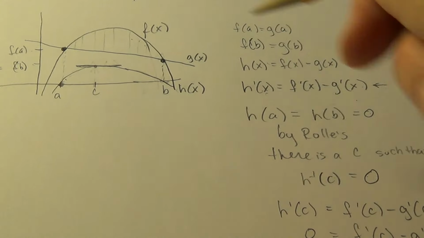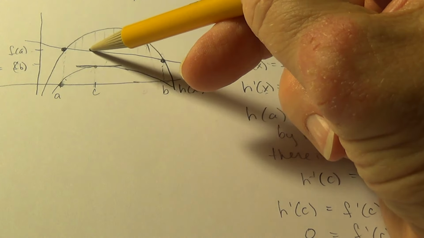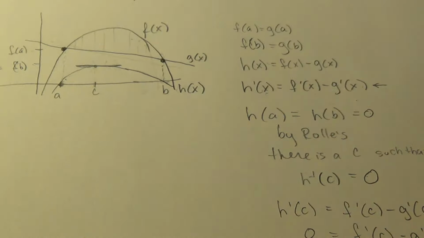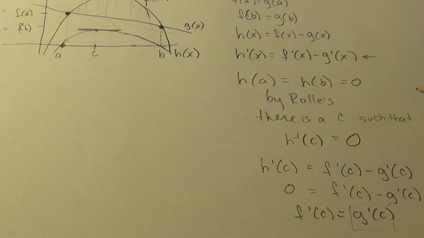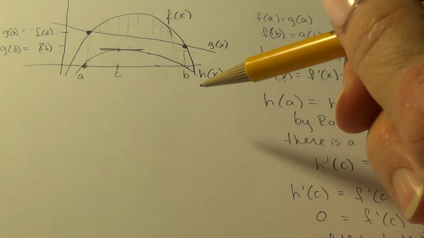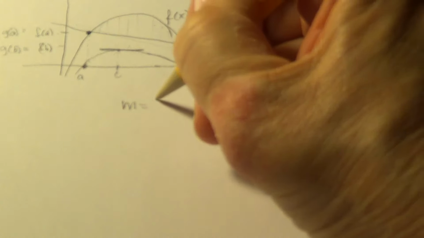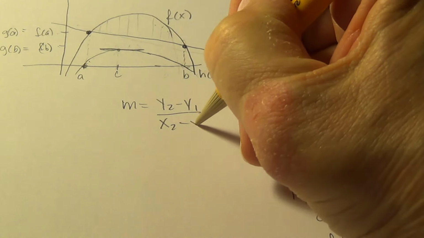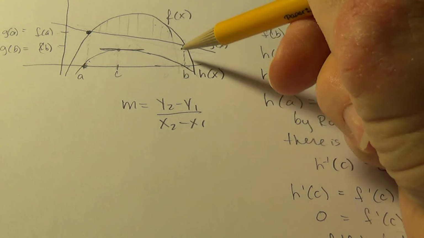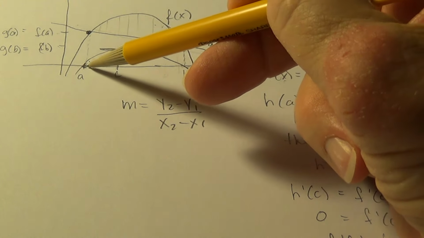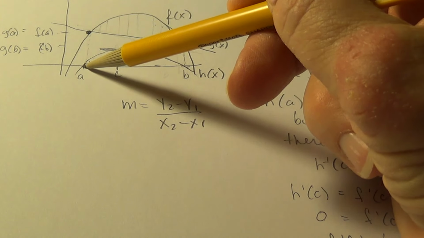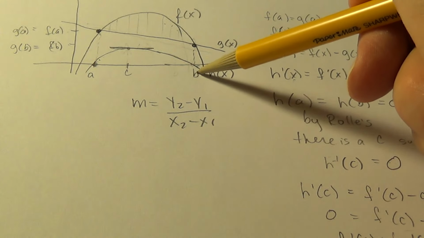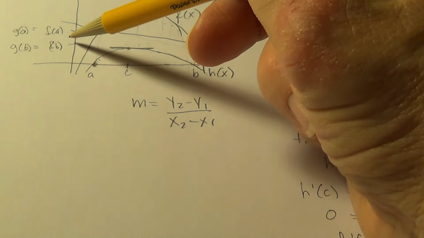Going back to my sketch, I see g is a secant line, and it's a straight line. So I know the slope of a straight line because the slope of the straight line is y2 minus y1 over x2 minus x1. So in this, I have my x1 and my y1, my x2 and my y2.